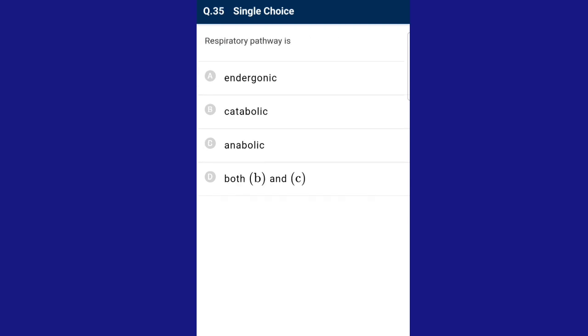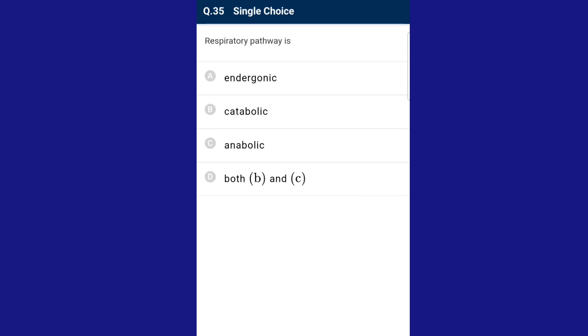Question number 35. Respiratory pathway is. Respiration is the part of the metabolic process where the nutrients are converted into useful energy for regular cell activities. It is in two modes depending on the presence or absence of oxygen. Aerobic respiration is one where oxygen is involved, and anaerobic respiration is the process where oxygen is absent.